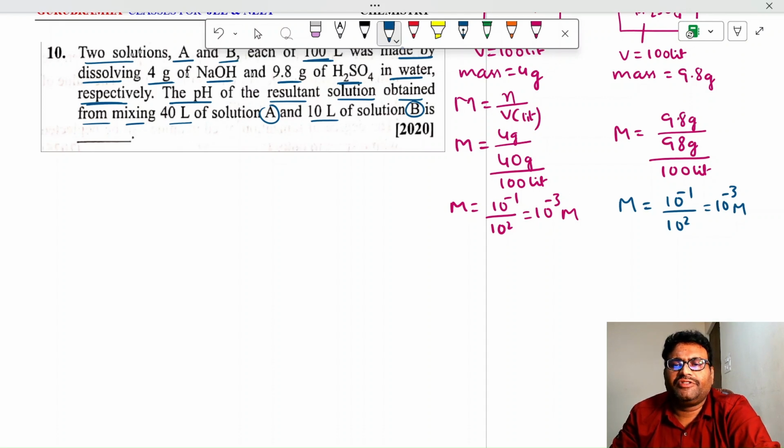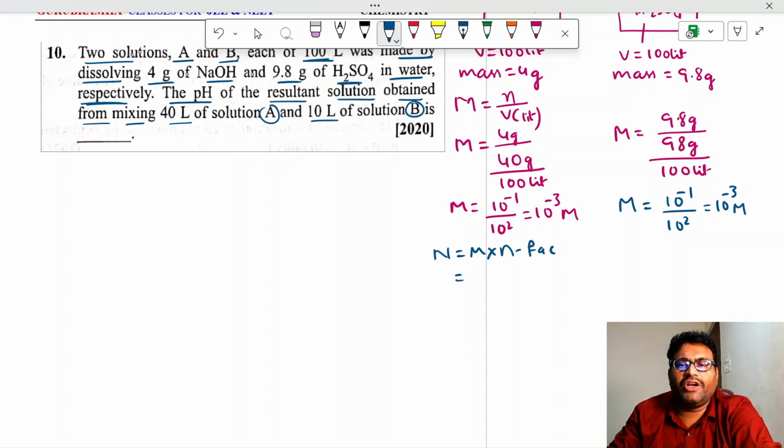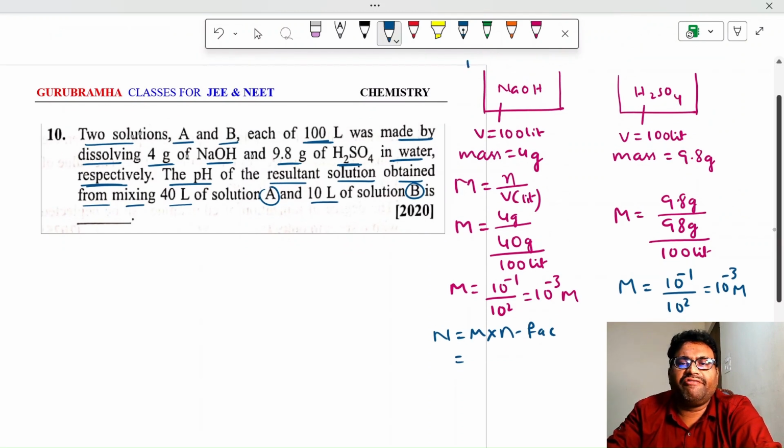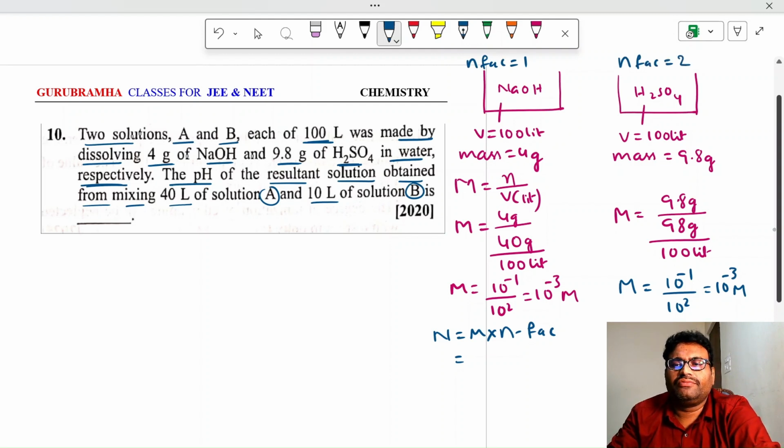Let us convert it into normality because the n factor is changing. H2SO4 n factor is 2. Normality is equal to molarity into n factor. The n factor for NaOH is equal to 1. The n factor for H2SO4 is equal to 2.